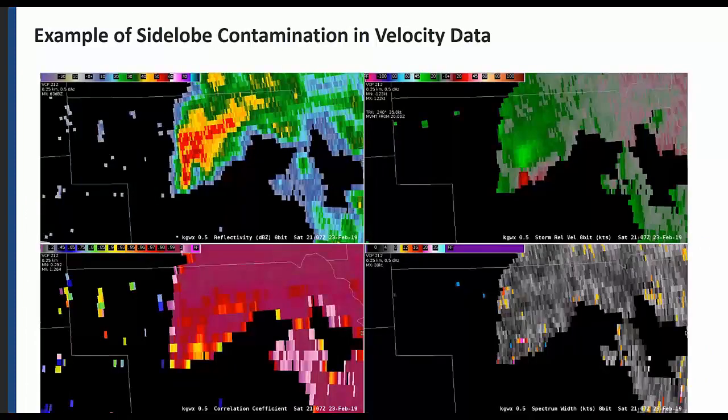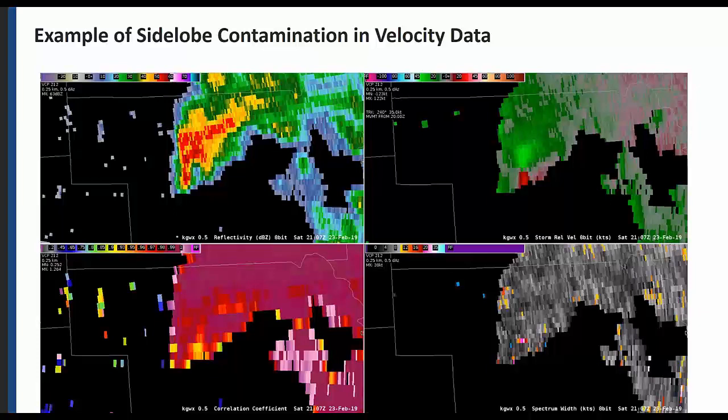So specifically when we talk about velocity data in side lobe contamination, the issue is that the velocity data that comes back causes you to think something's going on that may not be going on, specifically a mesocyclone that could possibly have a tornado. I've got this example here of a storm located east of a radar.